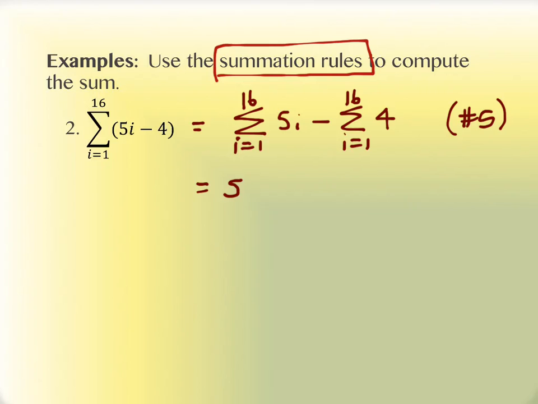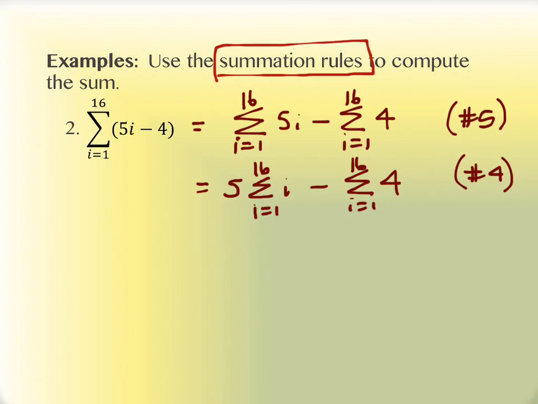Can I pull the 5 out? Would that be okay, before we start actually trying to evaluate anything? So this is 5 times the sum from i equal 1 to 16 of i minus the summation from i equal 1 to 16 of 4. What property was that? Number 4, right? Property number 4, being able to pull it out.